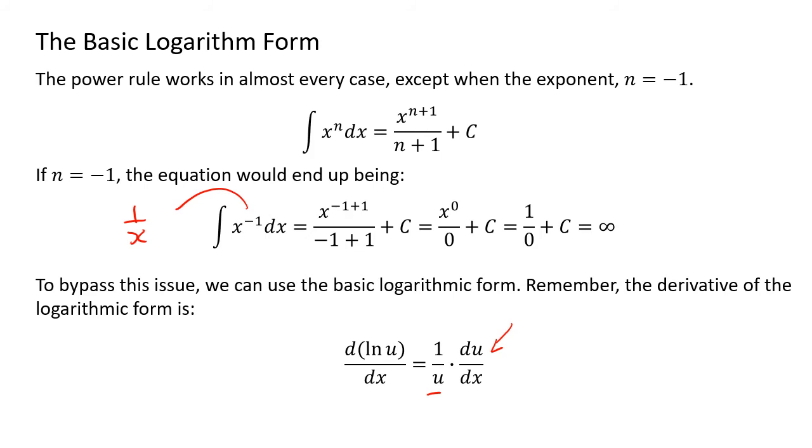Okay, so if we have x to the -1, that's the same as 1 over x. So looking at this form, it's 1 over a function. So we have 1 over x. X is a function. So the integral of 1 over x is simply ln of x.